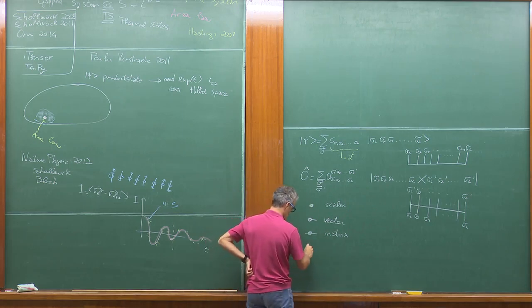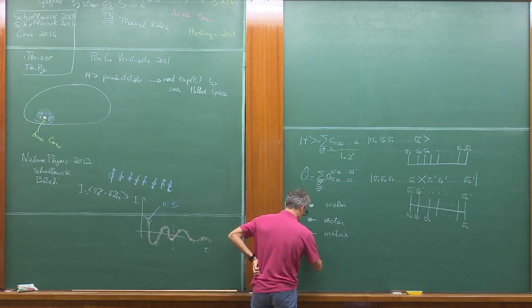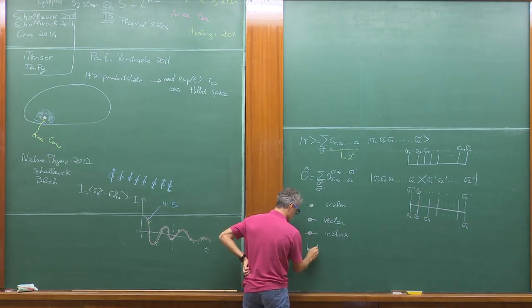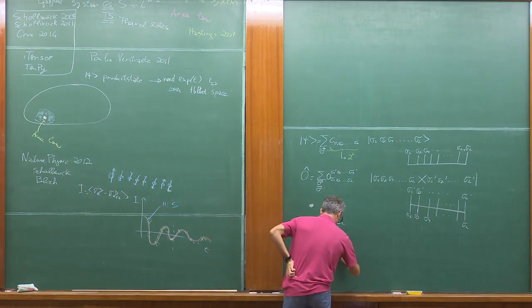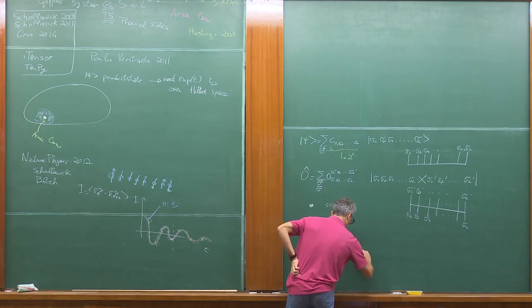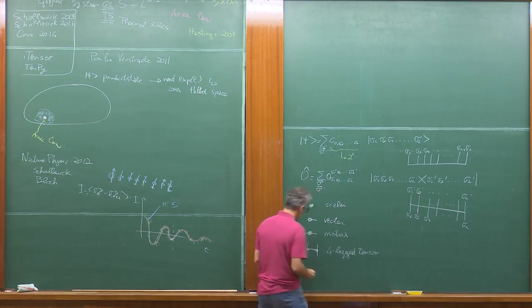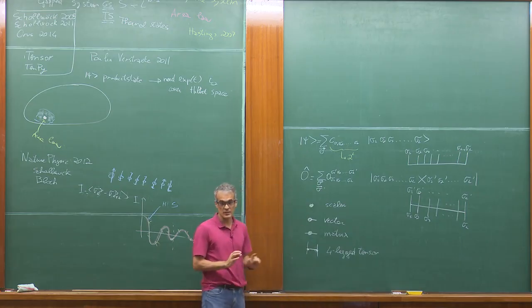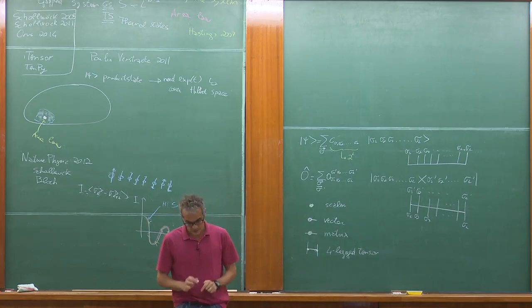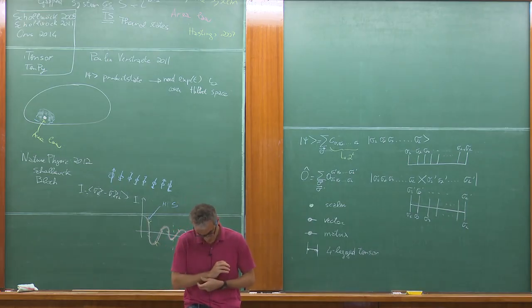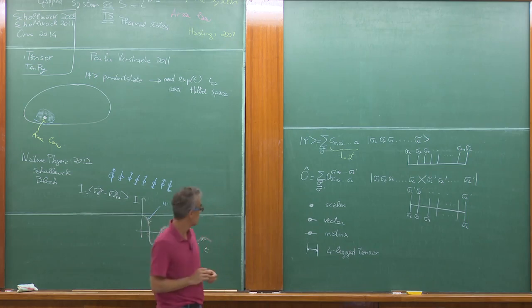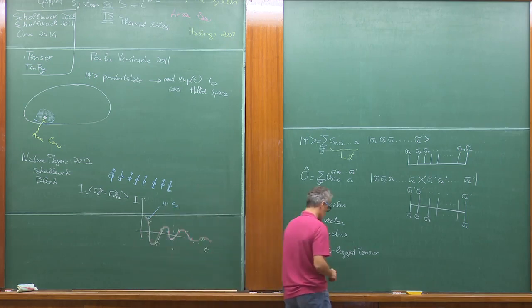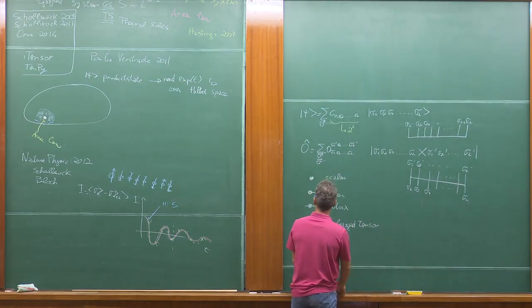For example, let's say you have something like this. This has 4 legs, so this is a 4-leg tensor. Why do we sometimes put it horizontal, sometimes vertical? Here, it doesn't matter. But what matters is the number of legs.